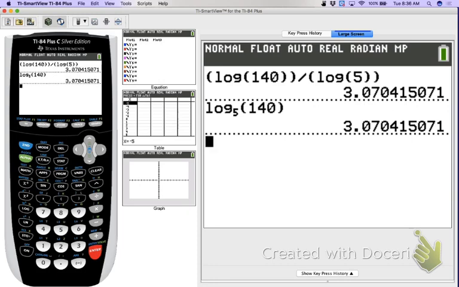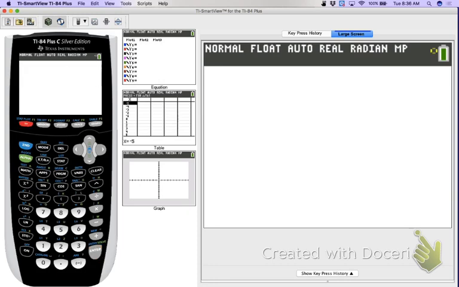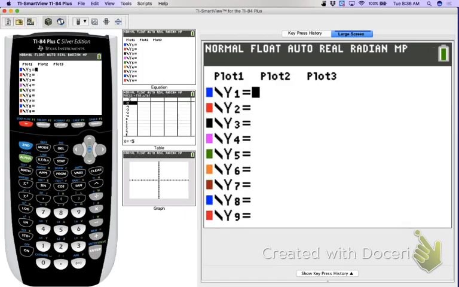In the olden days, whenever all you had was an 83, you can do the same thing with a log here, but if I wanted to graph something with log base 4 of x plus 1, what I would have to do before is take log of x plus 1, and then divide it by log of 4.